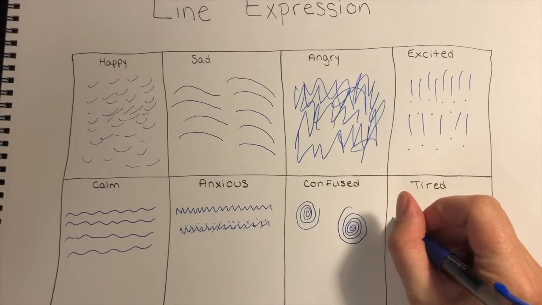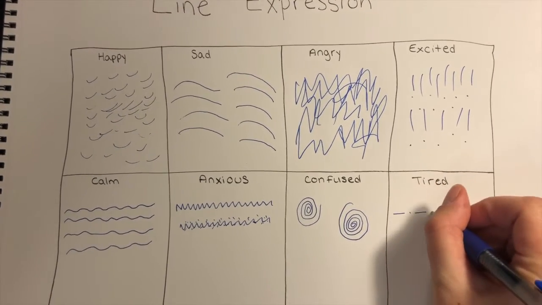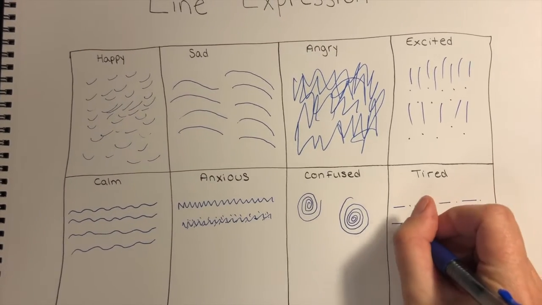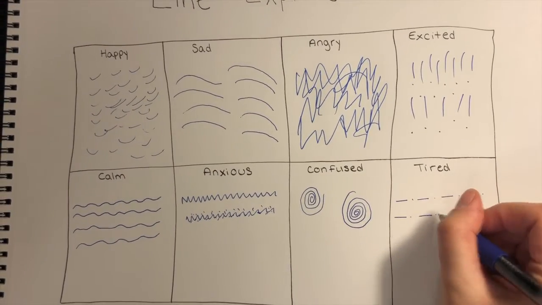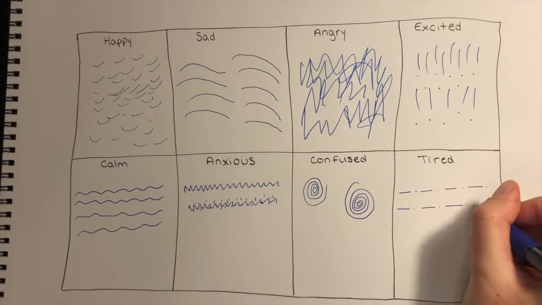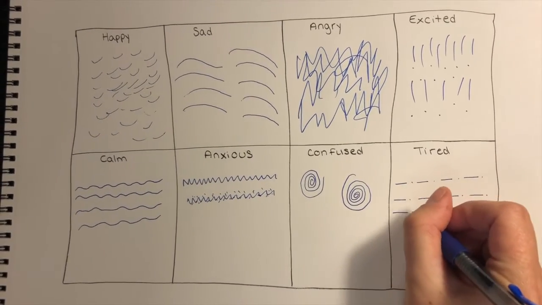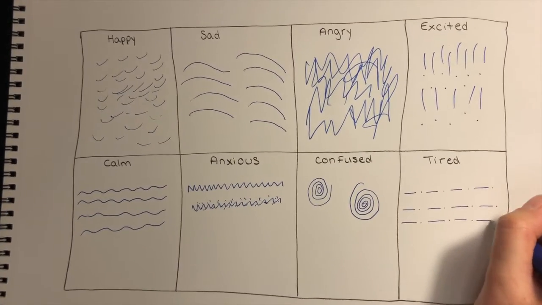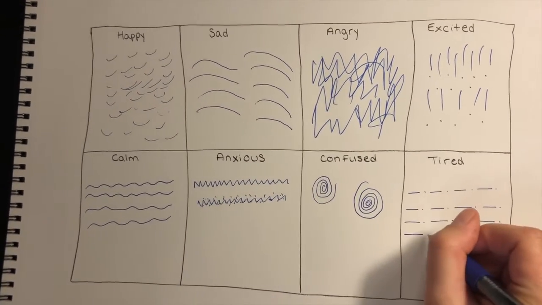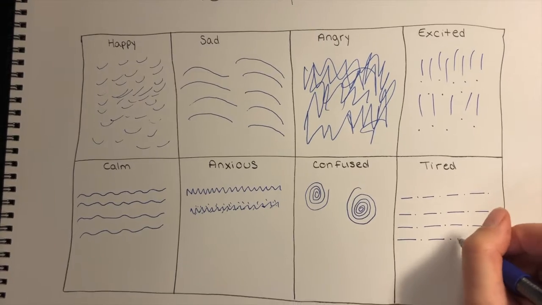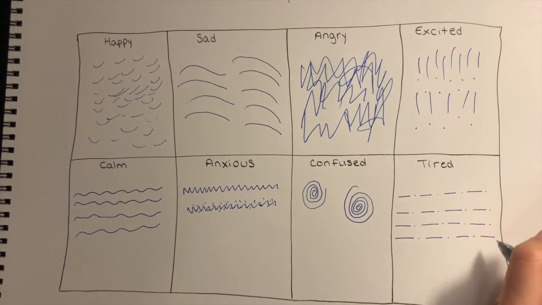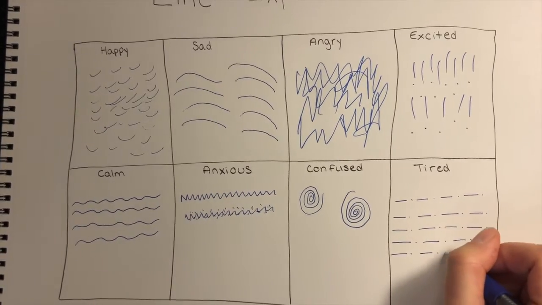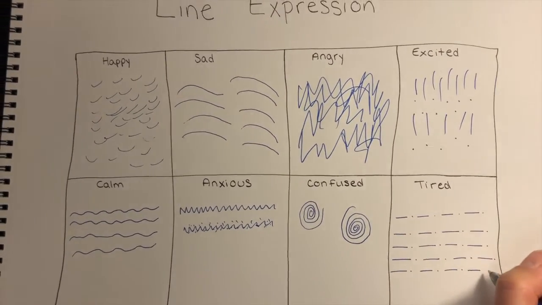And then I really like this dot and dash combo for tired lines. It's elegant, but it's quiet, sort of calming. And it's one of those monotonous types of patterns you can make where after a while it might even sort of put you to sleep just by having your eyes move back and forth between all the dots and dashes.